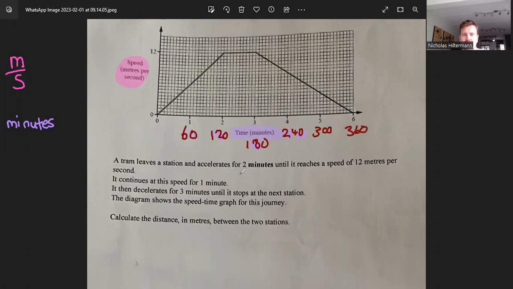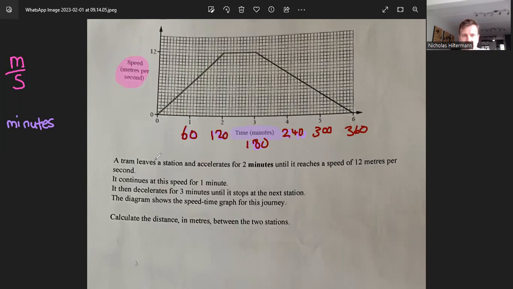The reason I am doing that is, as you'll see soon when they ask a question, we want to be able to work in the same unit. So I'd like my minutes to be in seconds because the speed is in meters per second.